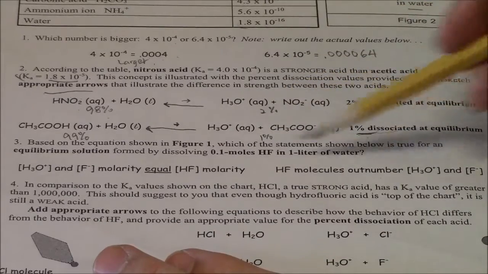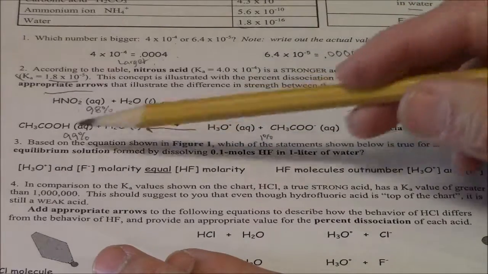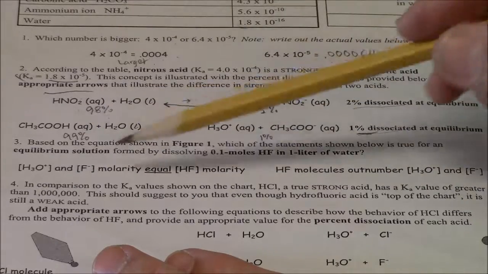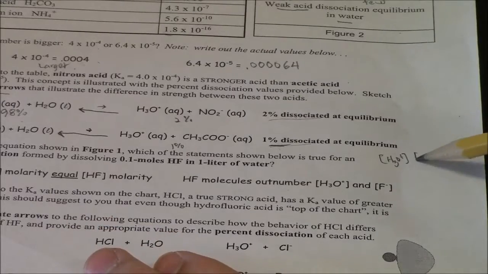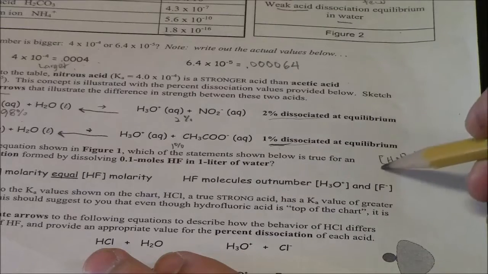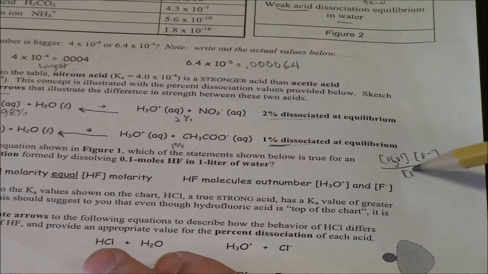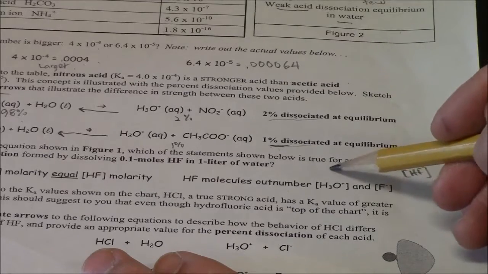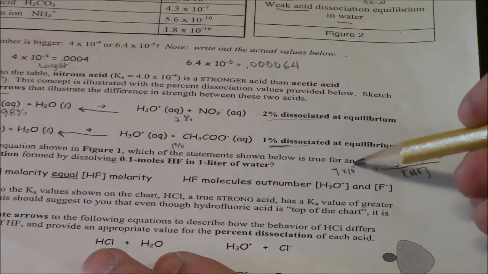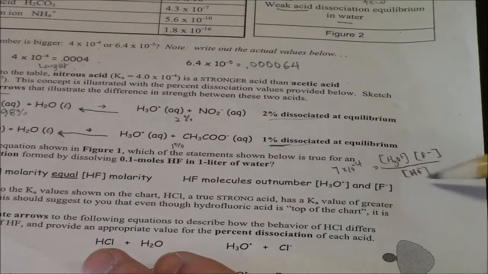Question number 3 is asking you to think numerically what must be true. The key is to recognize the ratio of the H3O plus and the F minus, the dissociated form, over the HF is equal to 7 times 10 to the minus 4, which is a very small number.